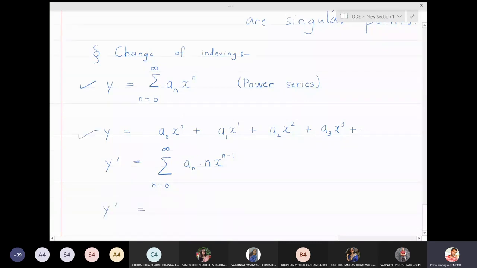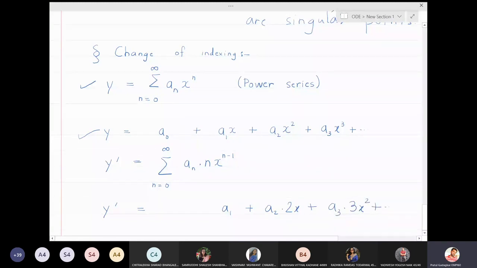The derivative of a naught is 0. And this is a1 x, so the derivative will be a1, as it is, then a2 into 2x plus a3 into 3x square plus dot dot dot, correct?